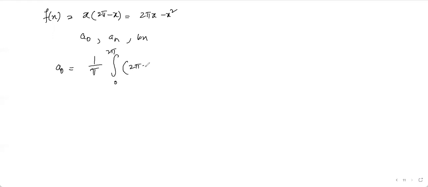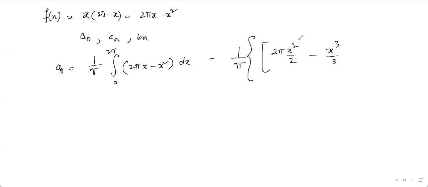This is 2 pi x minus x squared dx, or 1 by pi, 2 pi x squared by 2 minus x cubed by 3. Now over the interval 0 to 2 pi. Now let us substitute it.